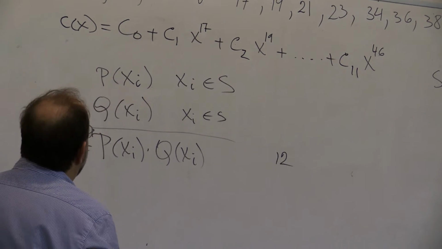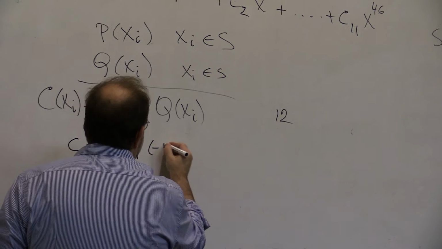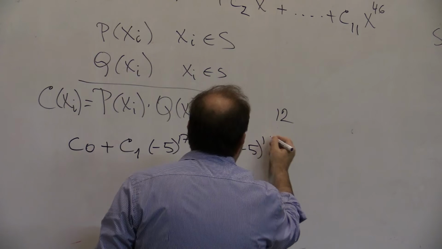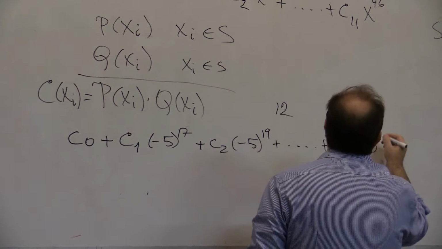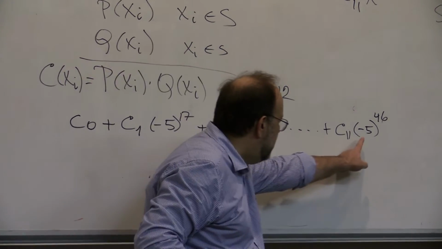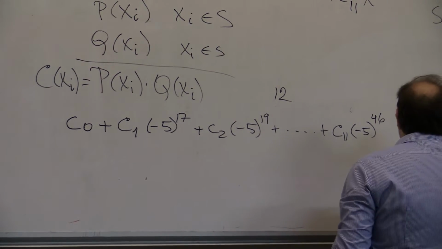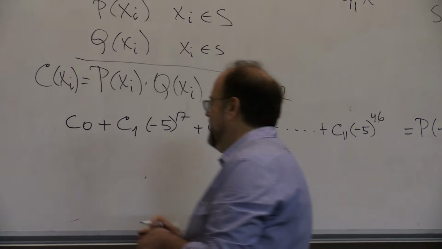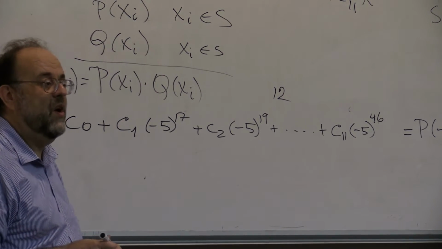You will have something like this, c0 plus c1, and then here -5 to the power 17, plus c2 -5 to the power 19, plus c11 -5 to the power 46. And so these will be just the coefficients, because these are just fixed numbers. And this will be equal to p at -5 times q at -5. So we will get altogether 12 equations with 12 unknowns to solve.